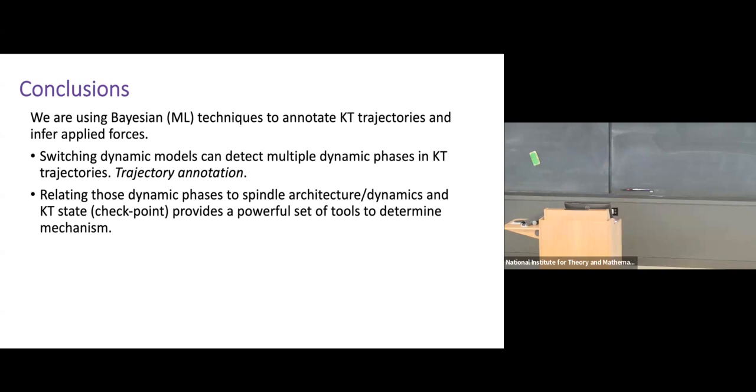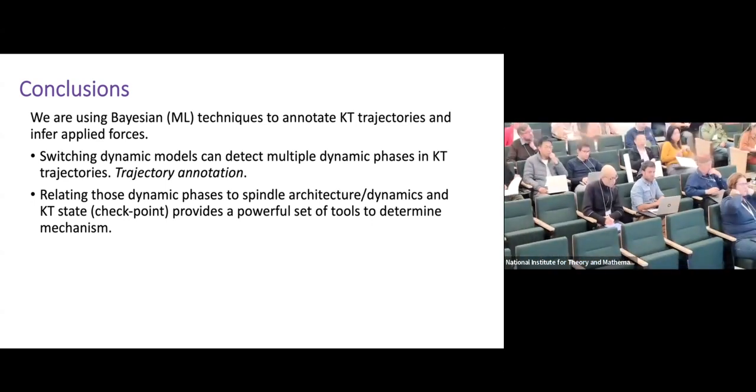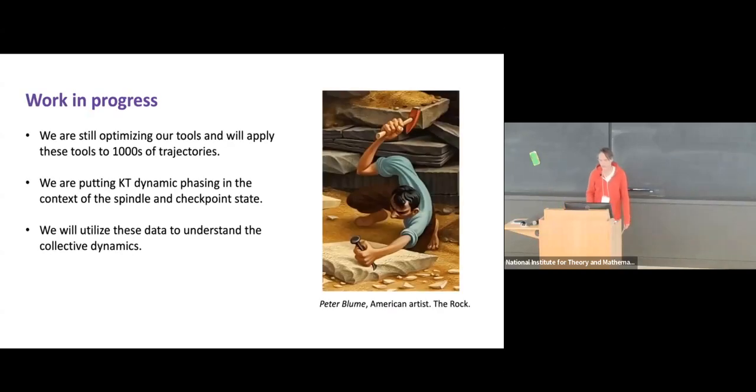What we want to do is relate those dynamic phases to the spindle architecture and what's happening with the spindle, and also the checkpoint. I've shown you we've also got a MAD2 model working. And we think this gives us a powerful set of tools to start analyzing how cells go through mitosis.